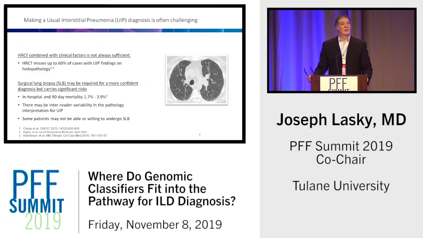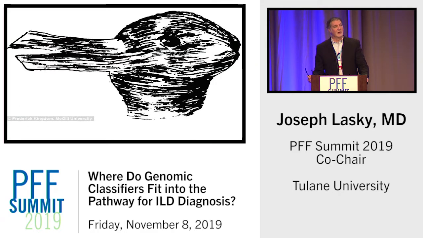And as was discussed in the previous presentation, there is risk, morbidity and mortality associated with obtaining a biopsy, and there is, we're human, inter-observer variability in how we see things.